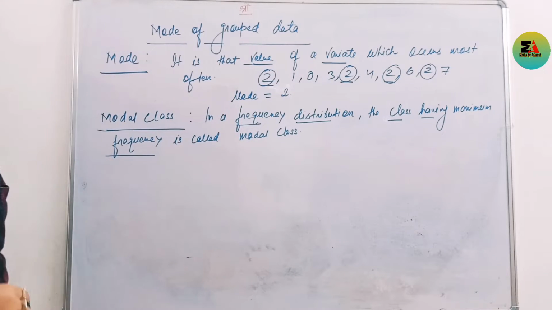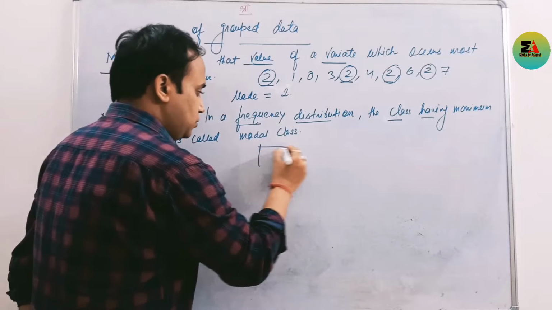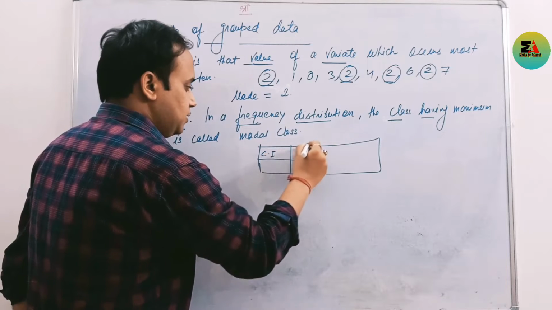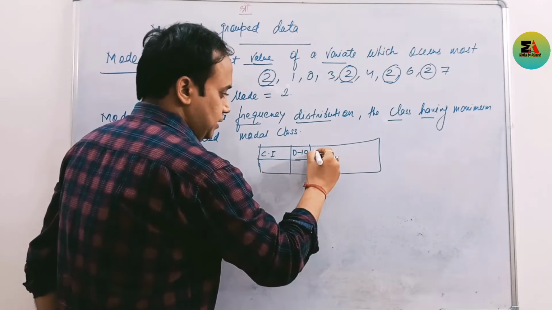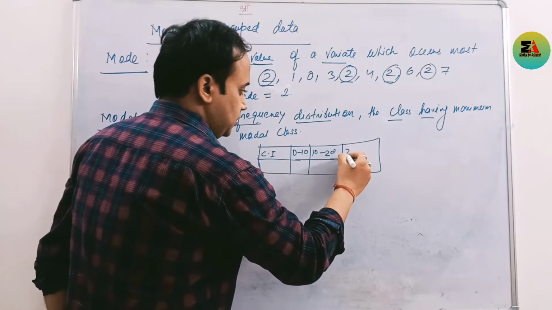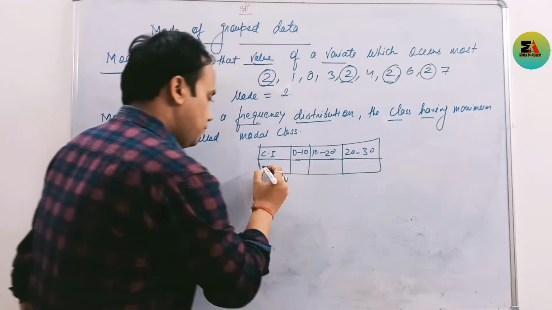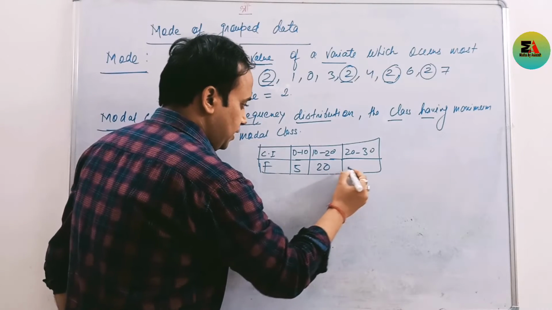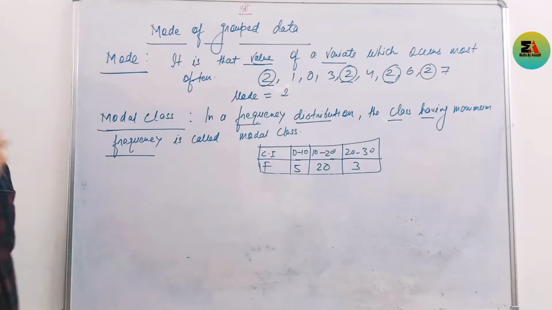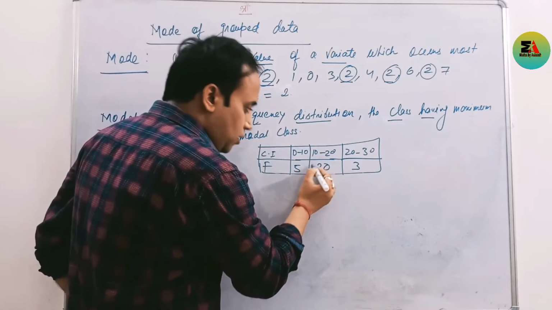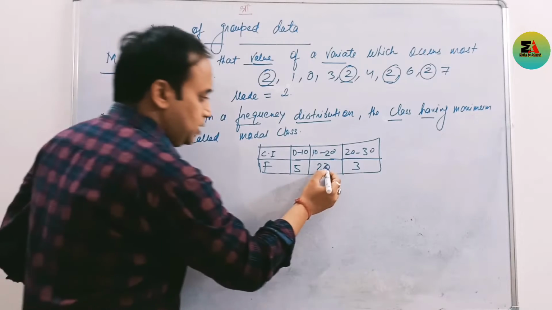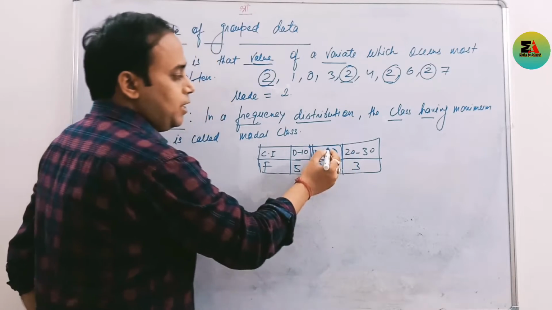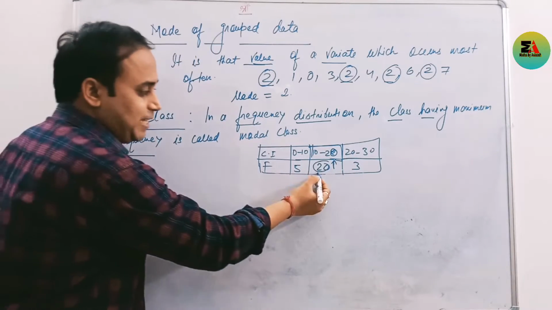For example, suppose I write the class intervals 0 to 10, 10 to 20, and 20 to 30, and their frequencies are given: 5, 20, and 3. How do we find the modal class? We just have to check which frequency is the maximum. The class 10 to 20 has the maximum frequency.